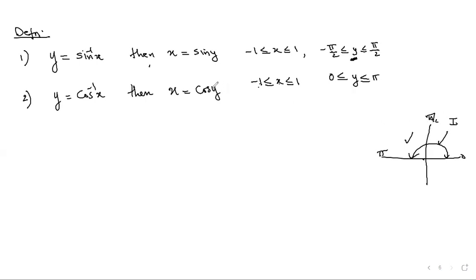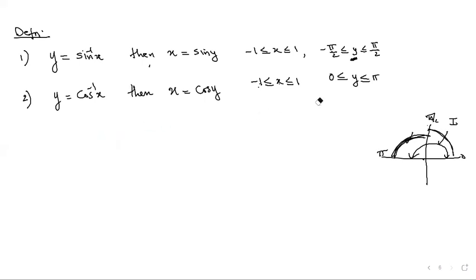When x takes negative values, -1, -0.9, -0.8, the angle will be from 90 to 180 degrees. And when x values are positive, the angle will be in the first quadrant. Is that clear to everybody? Yes, sir.